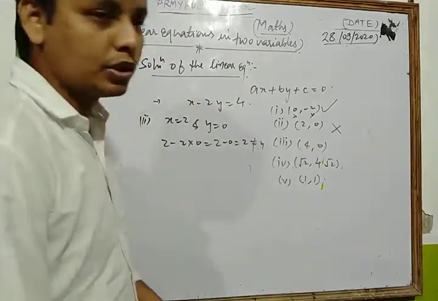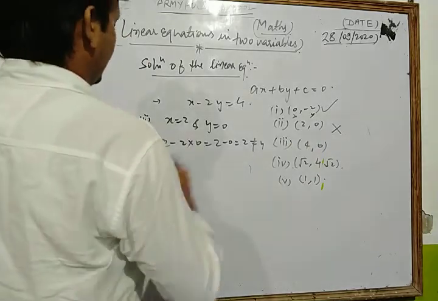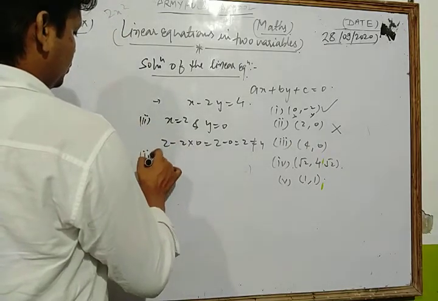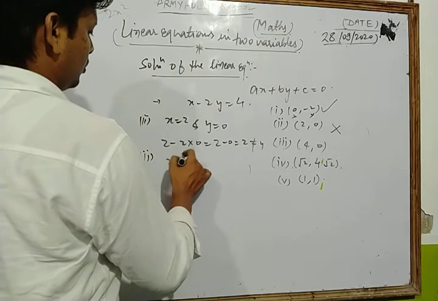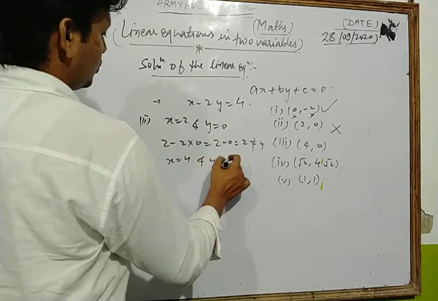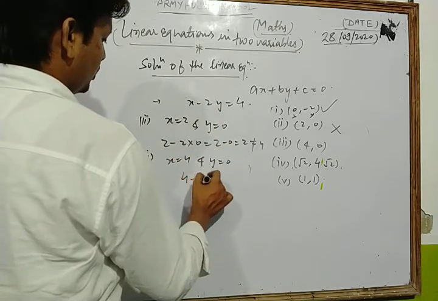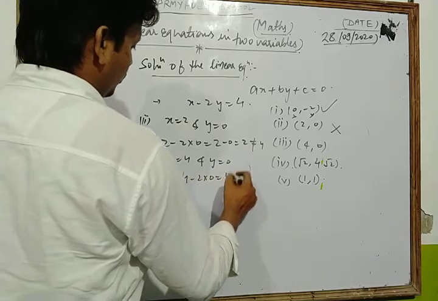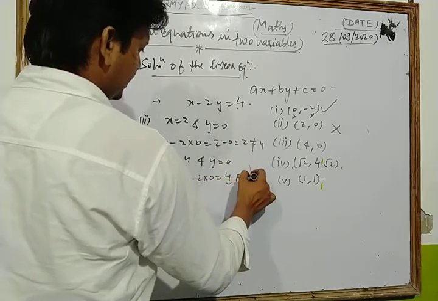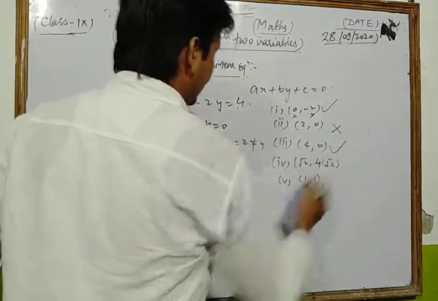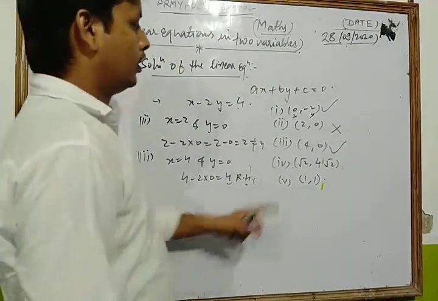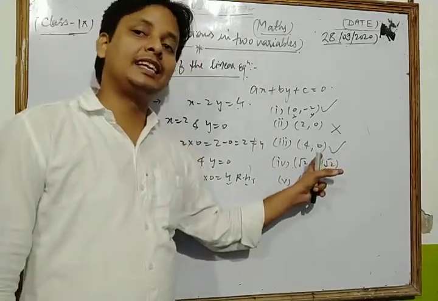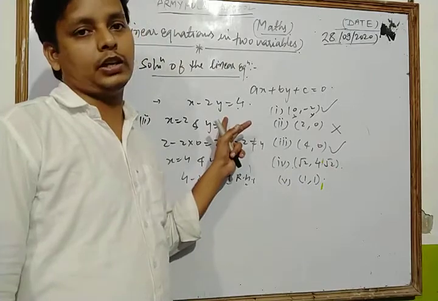Similarly, we check 4, 0. Now we take the third part of this question. If we put x is equal to 4 and y is equal to 0, then we get 4 minus 2 into 0 is equal to 4, which is equal to the RHS. Thus we can say that 4, 0 is a solution of the given equation.